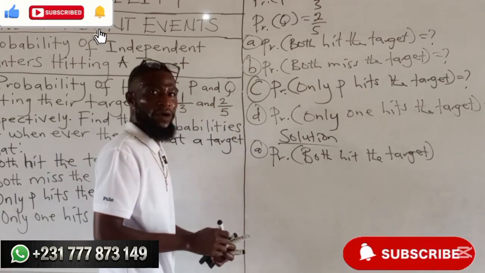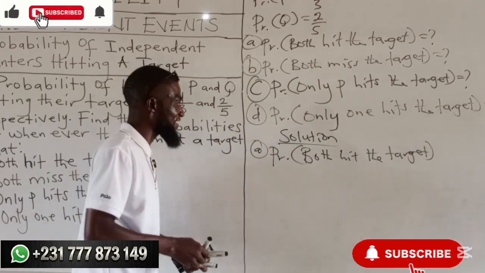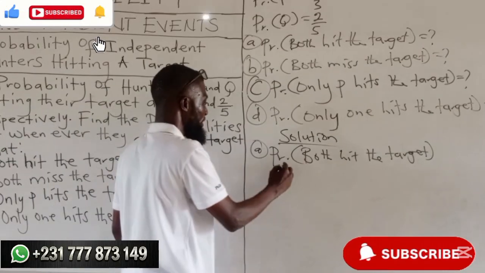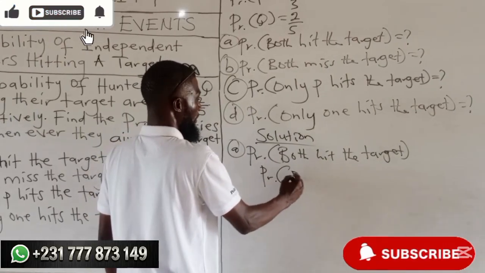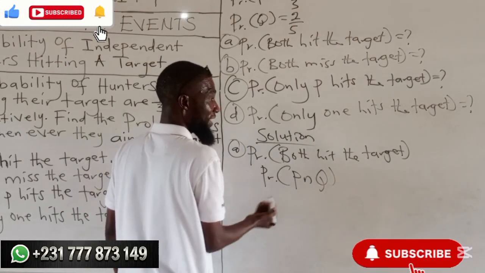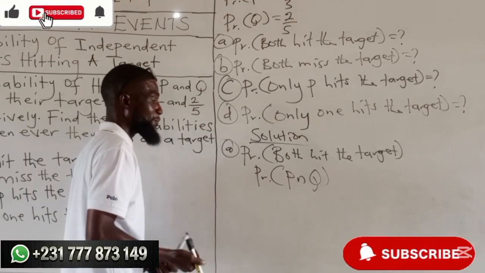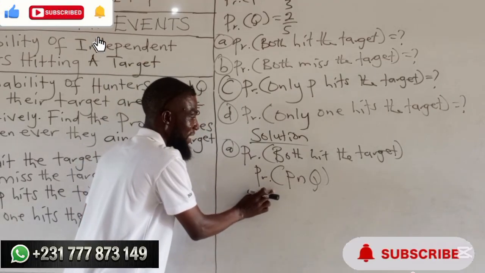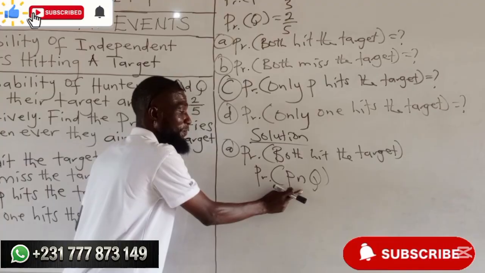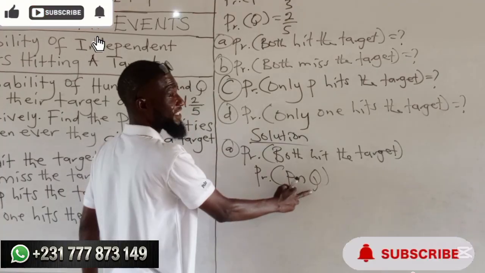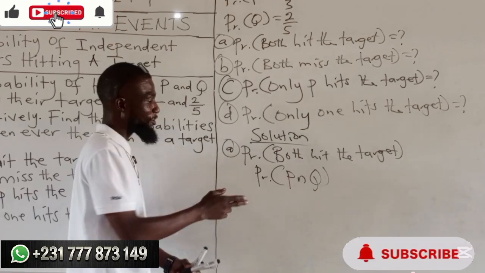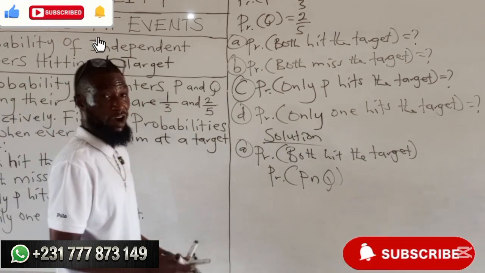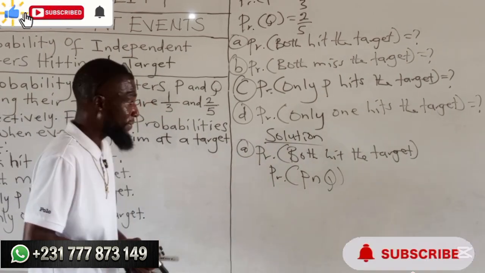The probability that both hit the target will be expressed as the mathematical formula: the probability of P and Q, which can be expressed as the probability of P intersection Q. On this note, ladies and gentlemen, we'll be looking at this mathematical formula just to solve our problem.